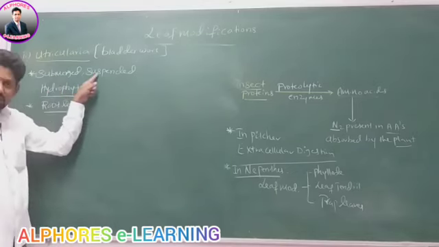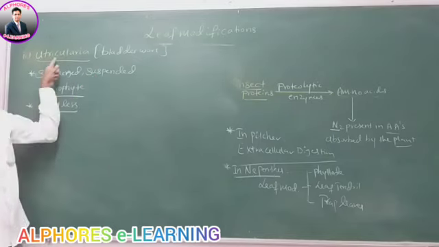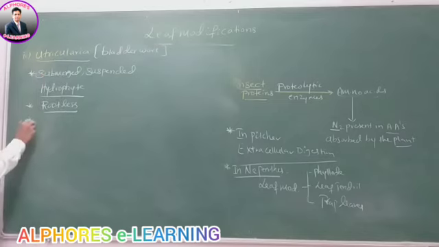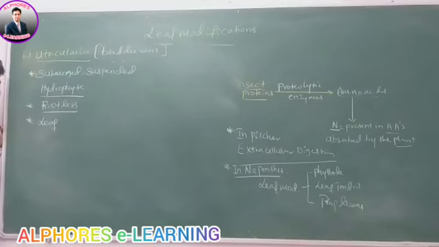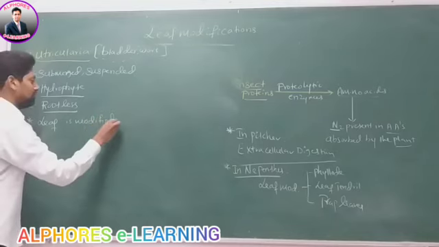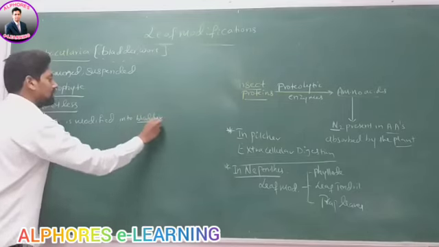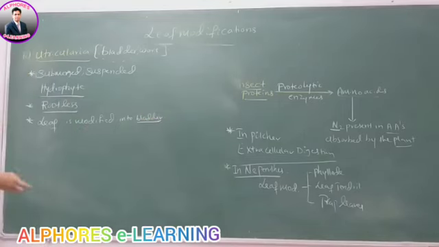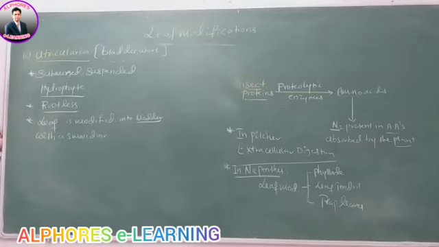In the case of Utricularia, the leaf is modified into a bladder. This bladder contains a small door. Is it okay? Right?